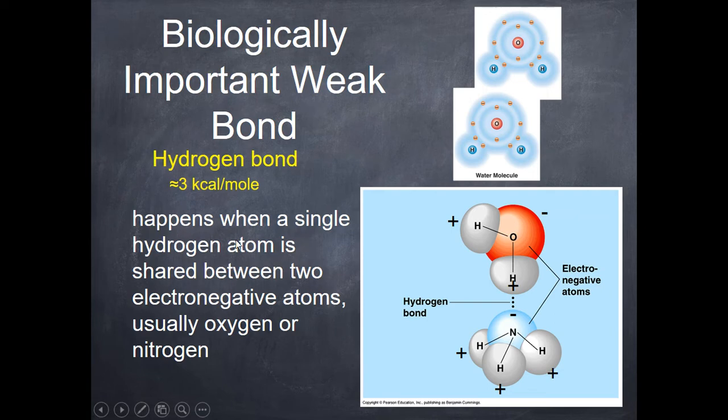So a single hydrogen atom is shared between two electronegative atoms, usually oxygen or nitrogen. You could have multiple water molecules forming hydrogen bonds between them, or something like this NH3 here.